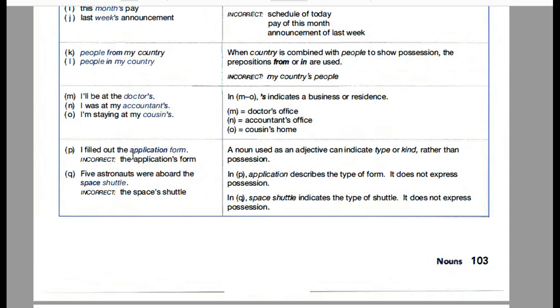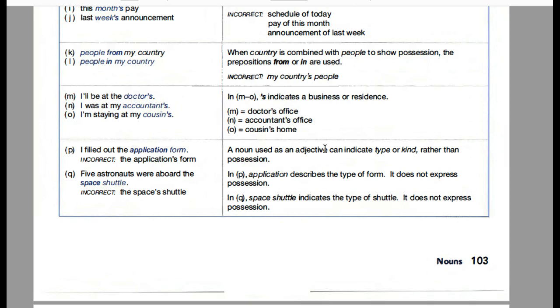Number 4: I filled out the application form. When you fill out the application form, it doesn't mean possession, because the application itself is different for each candidate. Like we have an application form for each student, and we cannot say applicant's form because no one can hold or own the application for himself only.